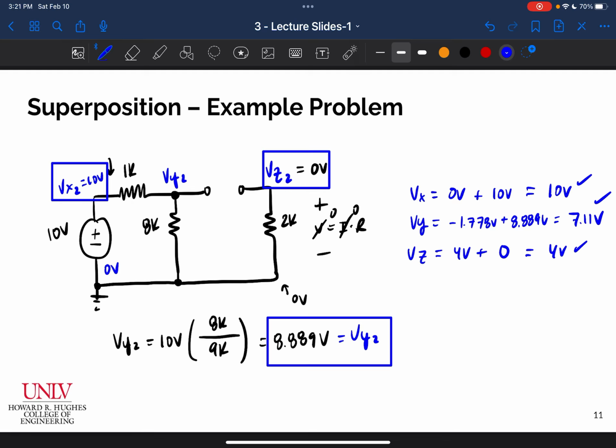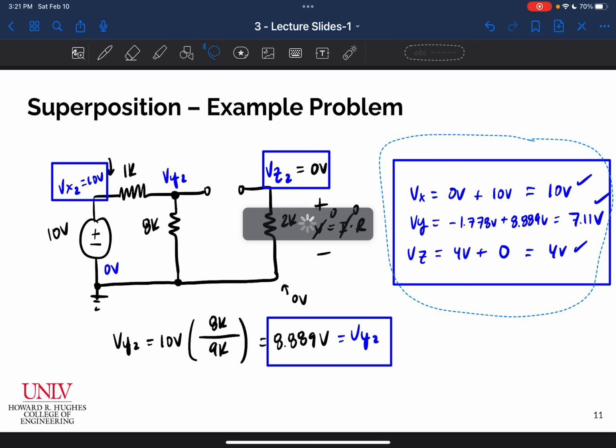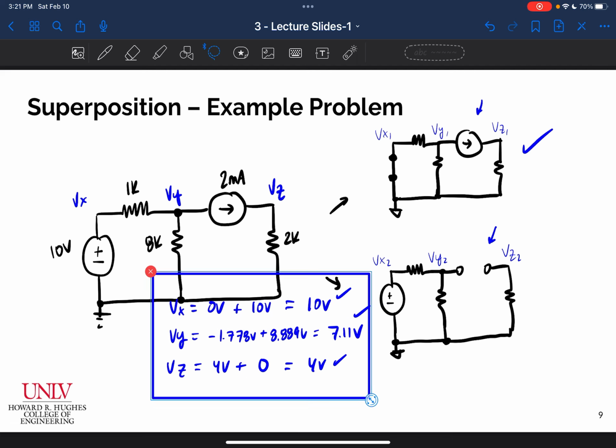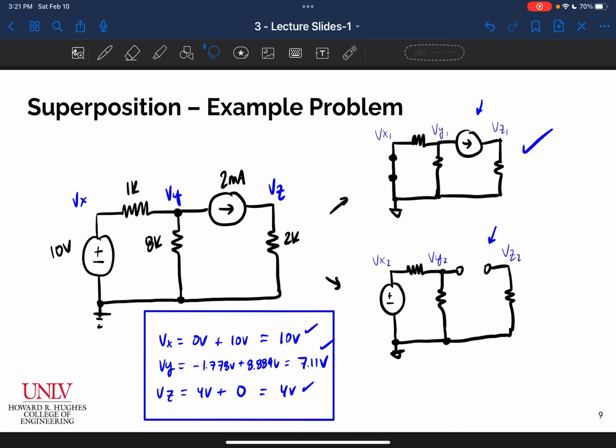So we found all the voltages in the circuit, and we can go back now and basically say that our original circuit that we drew, these are my voltages right here. Let me copy this, and then we go back to our original circuit, paste and make it a little smaller, and these are the voltages.